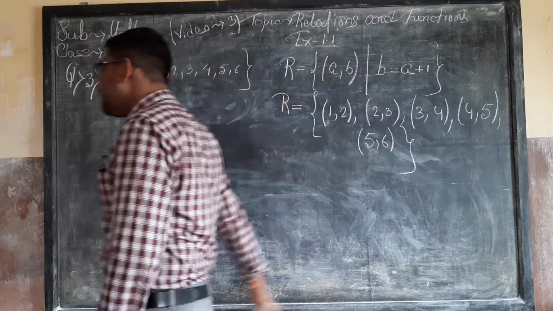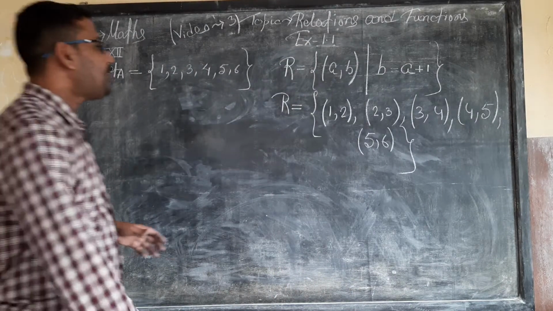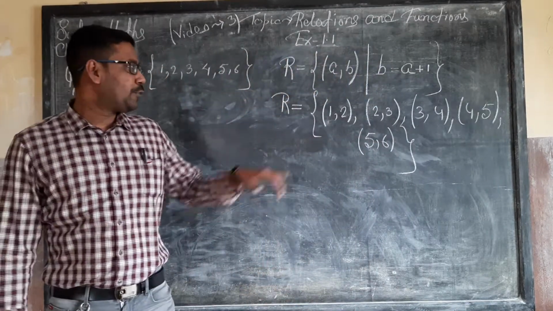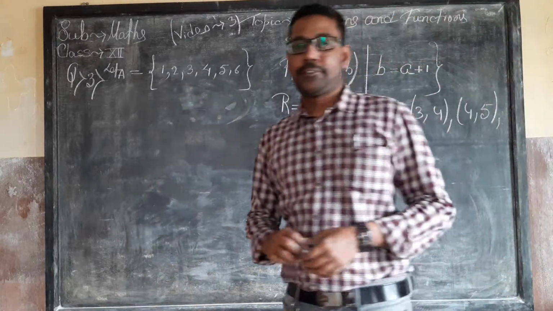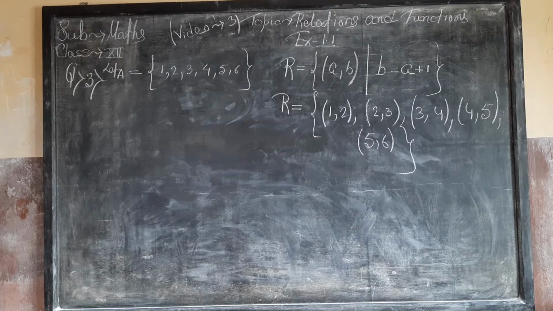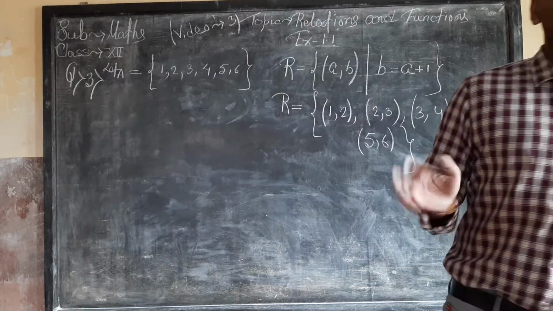So this is the roster form of this relation, and this relation contains the 5 ordered pairs: (1, 2), (2, 3), (3, 4), (4, 5) and (5, 6). After that, verify whether this relation satisfies reflexive or not, symmetric or not, and transitive or not.